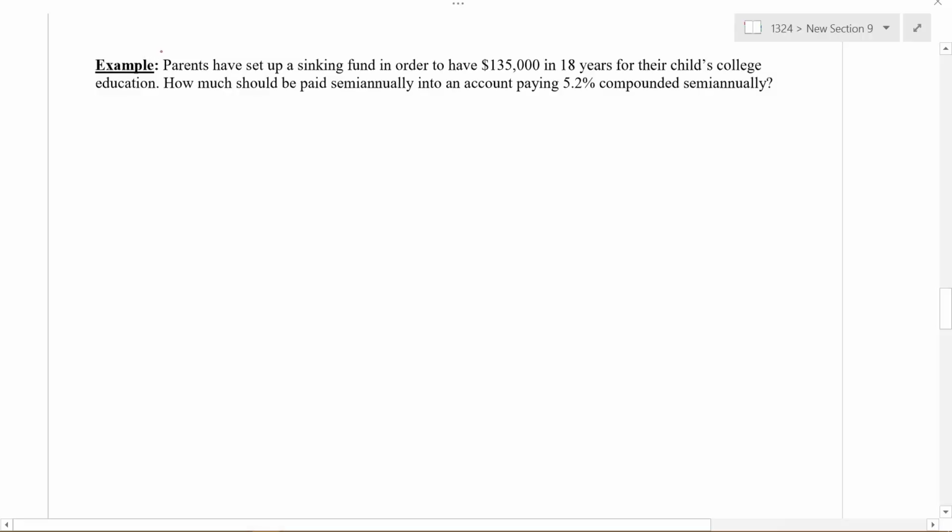Okay, so before we decide what formula we want to use, we have a couple of things. First of all, I see the keyword sinking fund, which is telling me future value. I also see that I am making regular payments. We want to know how much should be paid semi-annually, so this is a payment that's being made every 6 months, twice a year. So we're making multiple payments.